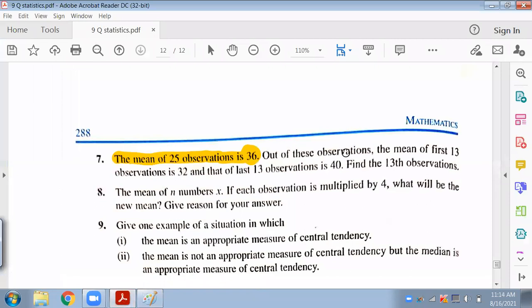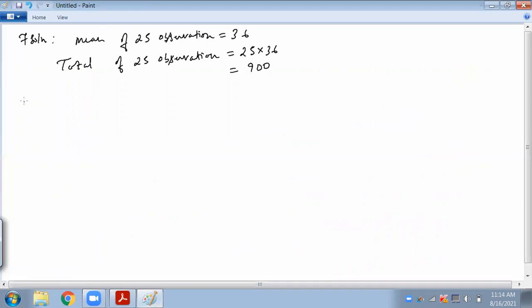Then what is told? Out of these observations, the mean of the first 13 is 32. The mean of the first 13 observations is given as 32.